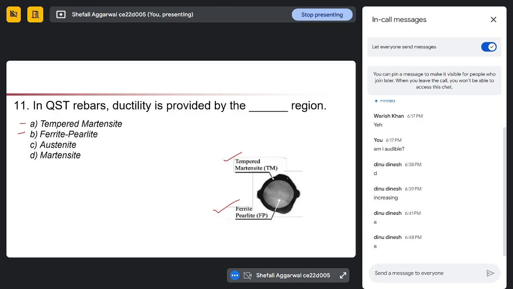Since the outer part is heated rapidly, the tempered martensite provides hardness, or we can say strength. The inner part, which is cooled down slowly, provides the ductility or flexibility to our rebar. So which part is providing ductility? It is ferrite pearlite.